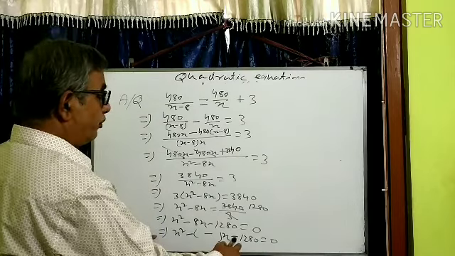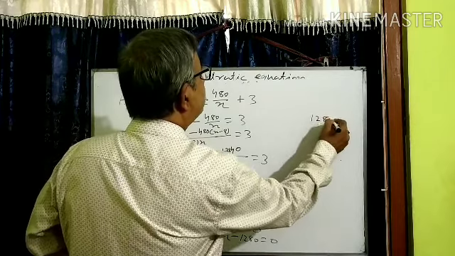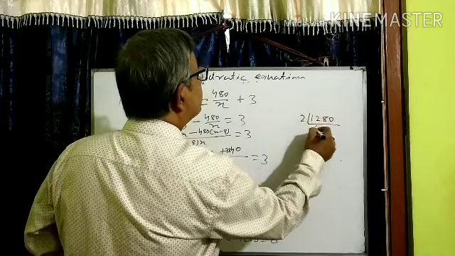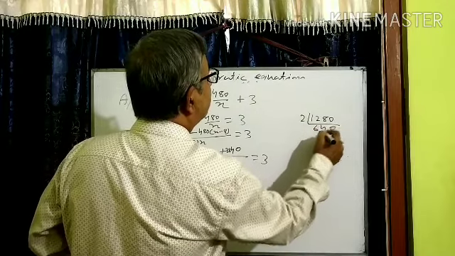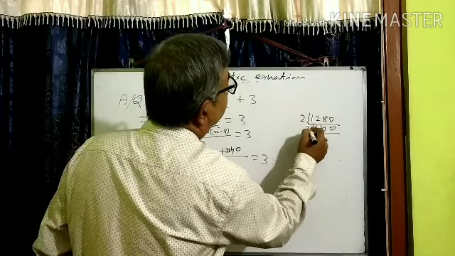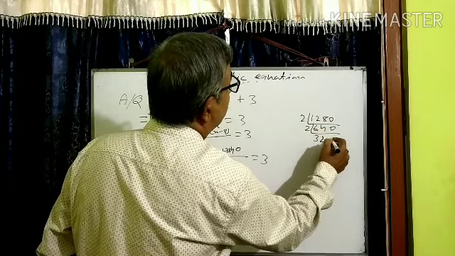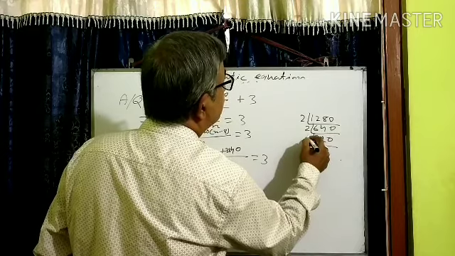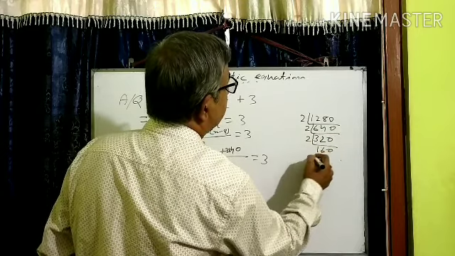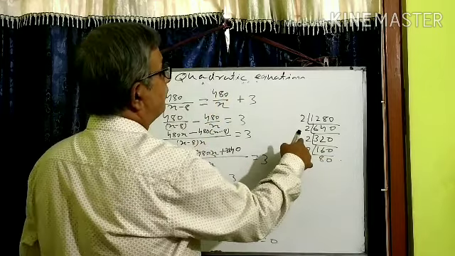So you break 1280 by the factorization method. 2 2s are 4, 2 are 8, 2 are 16.